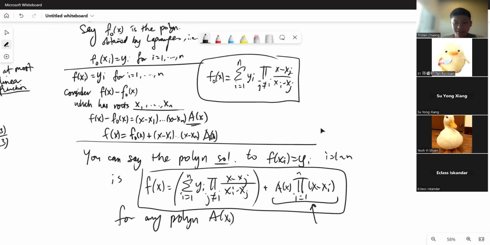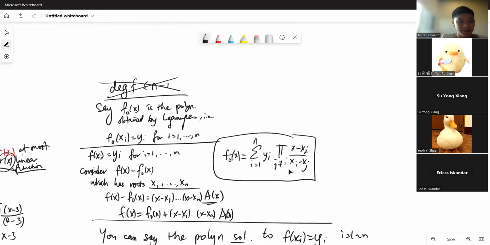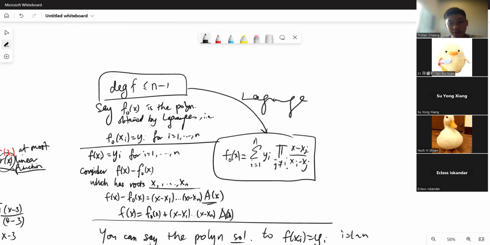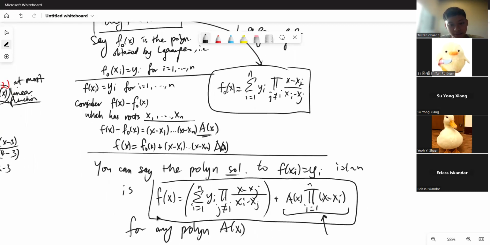Is that fine? Lagrange only gives us one answer because the condition is that the degree is at most n minus 1. So Lagrange gives us this answer if the degree is at most n minus 1. But if we allow any degree, including degree n, n plus 1, and so on, the most general answer would be this one.